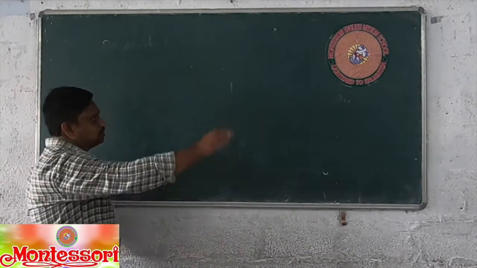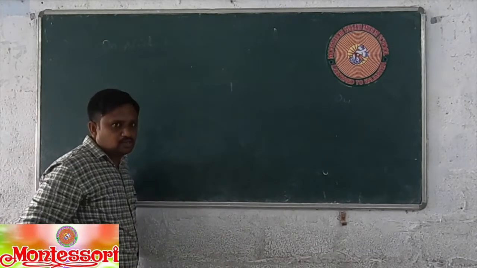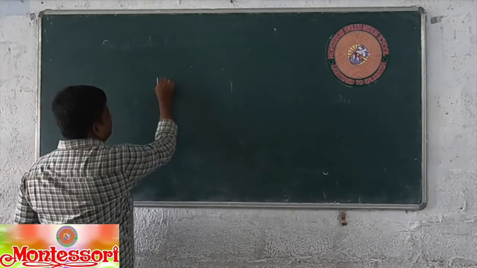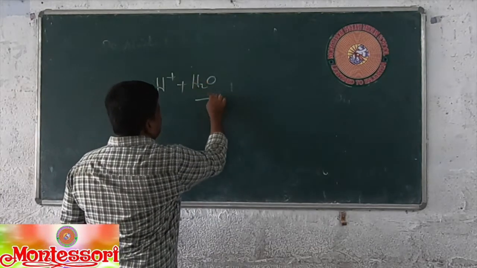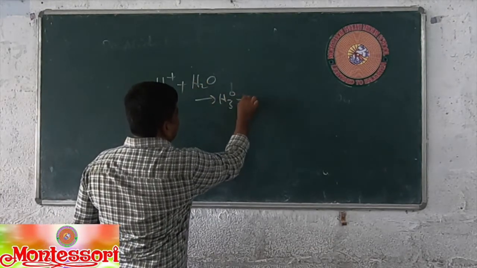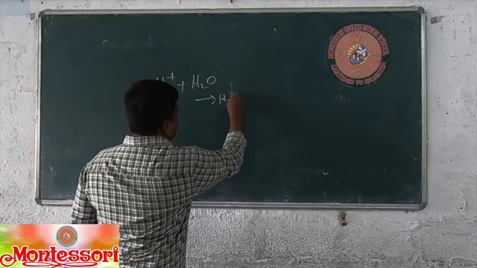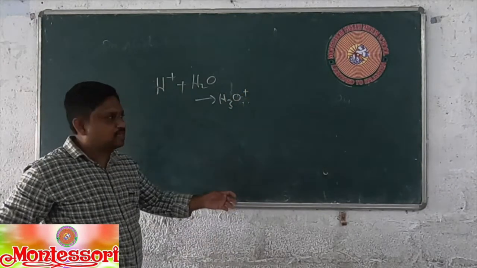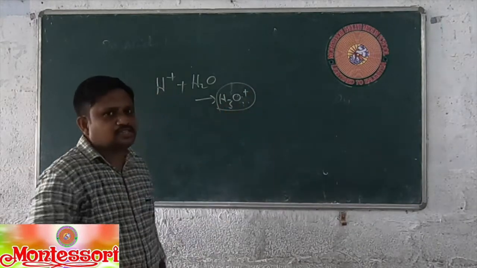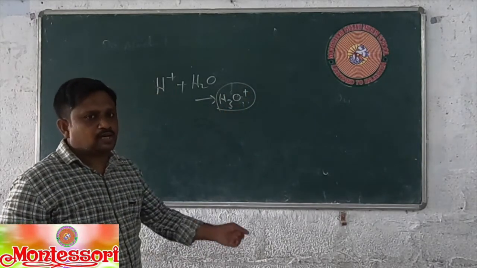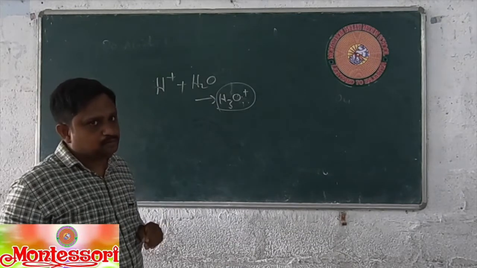Because hydrogen chloride has H plus ions, when reacted with H2O it gives H3O plus ions. So I said this is responsible for the change in the blue litmus paper.